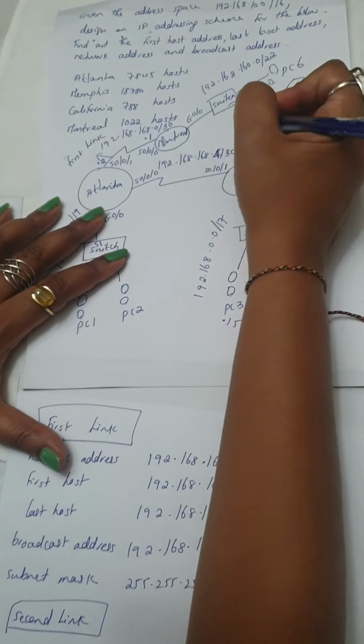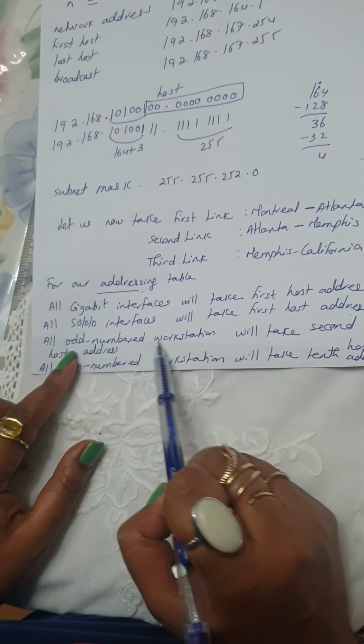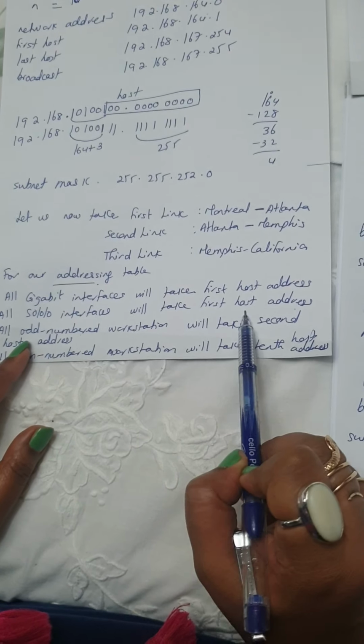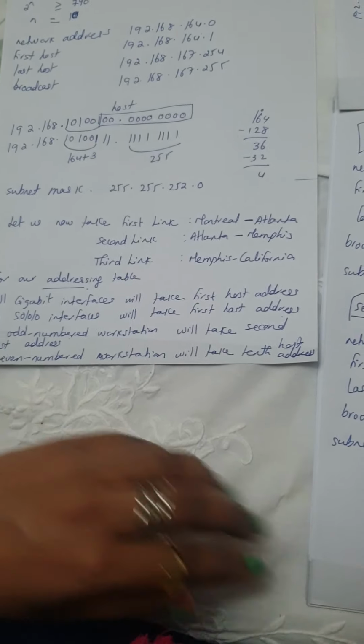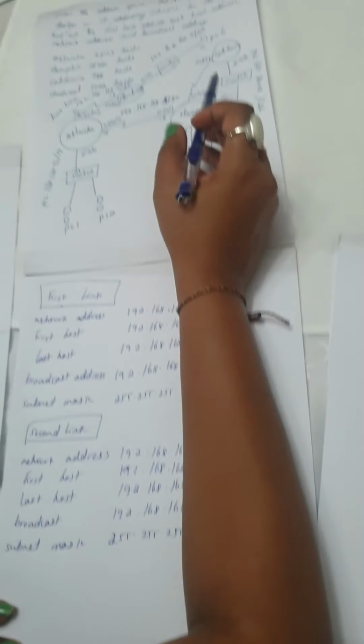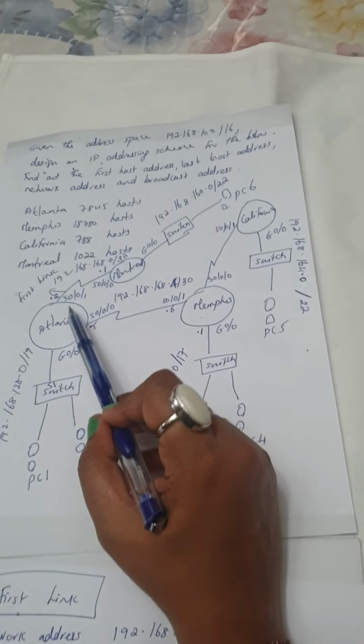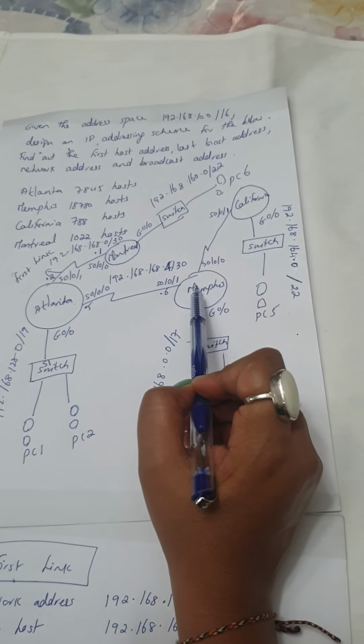It's a /30. Here we have .5, here we have .6, because I've been told all serial 0/0/0 interfaces will take the first host address. So this was for the second link. A link refers to the connection between two routers.